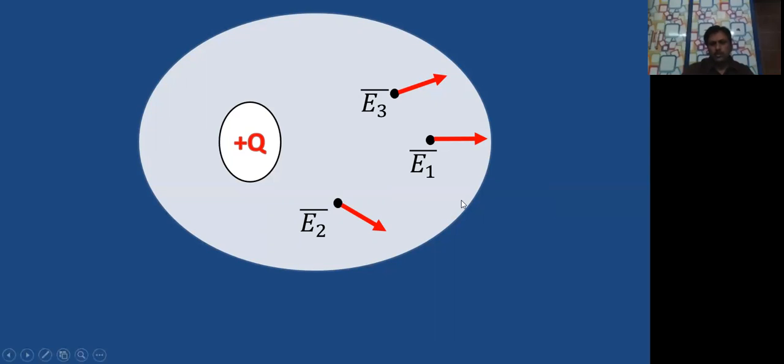So this is how we are characterizing the field in this particular picture. Now the question arises: if I want to study the characteristics of the electric field in terms of scalars, is there a method? That is the question. So let us move on and see whether we get the answer.